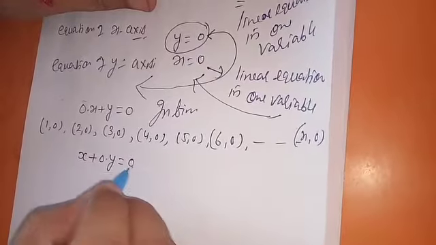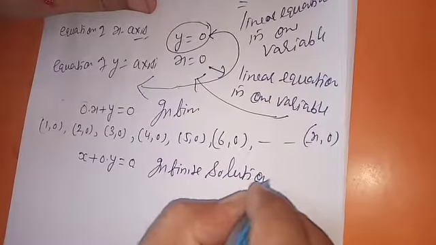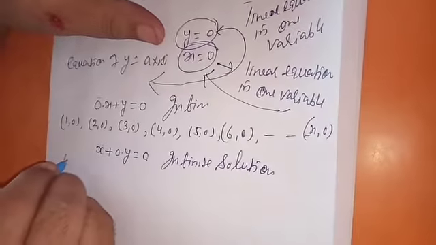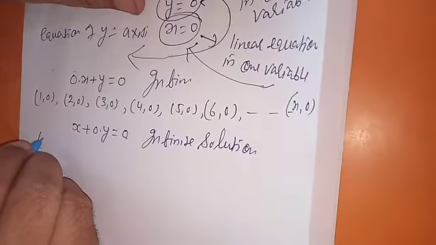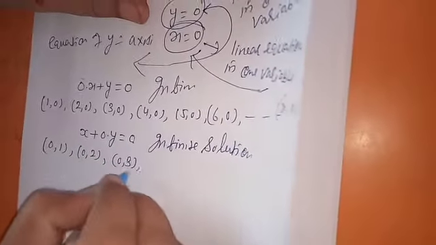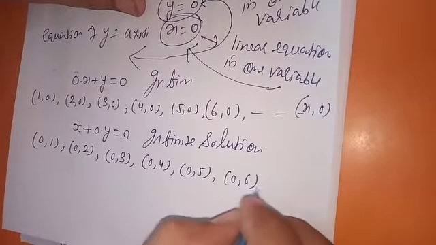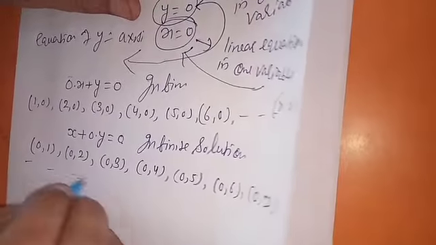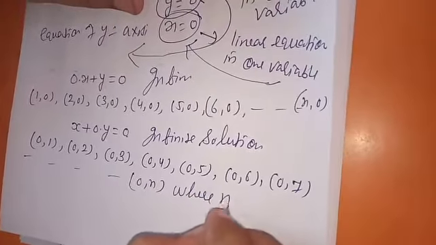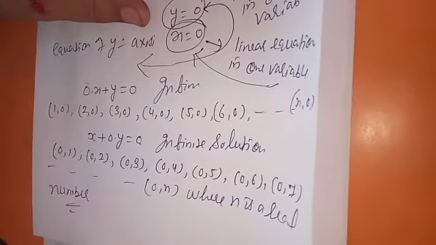So how many solutions? Again it is also infinite solutions, and in one variable, a unique solution. Its solutions are (0, 1), (0, 2), (0, 3), (0, 4), (0, 5), (0, 6), (0, 7), continuing like this, (0, n), where n is a real number.